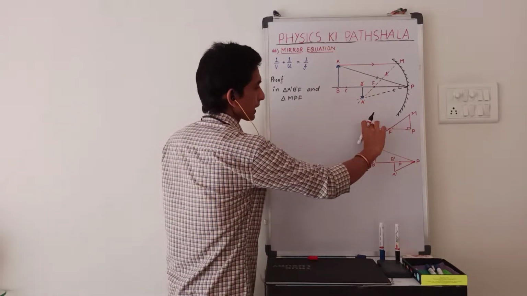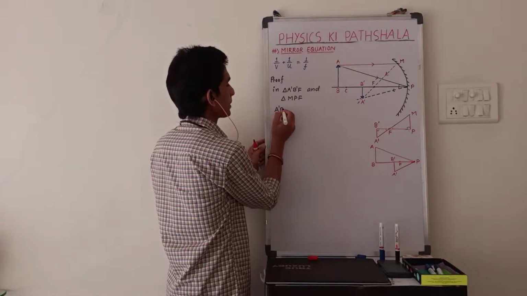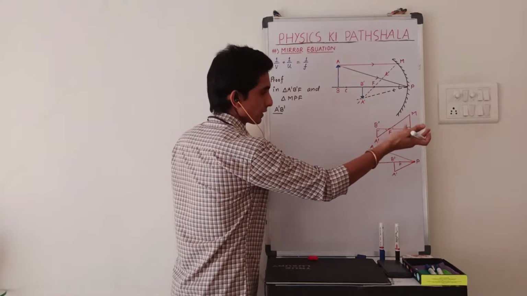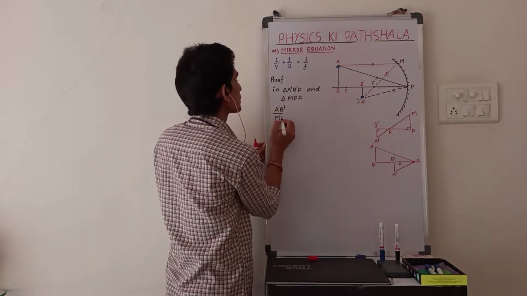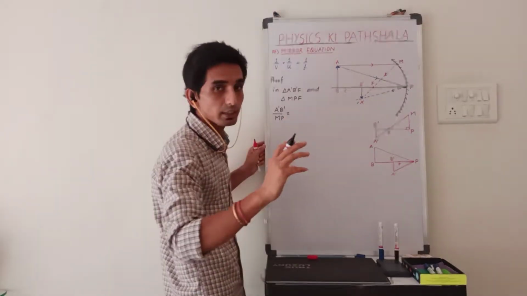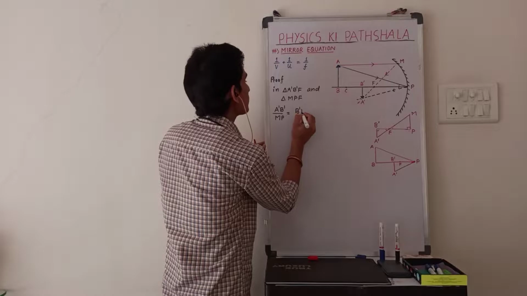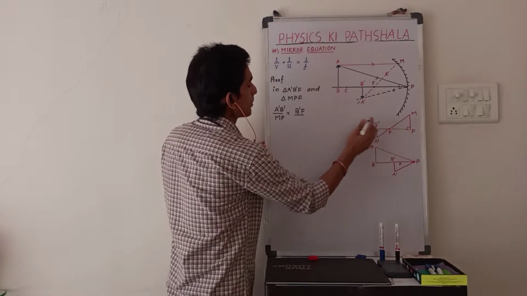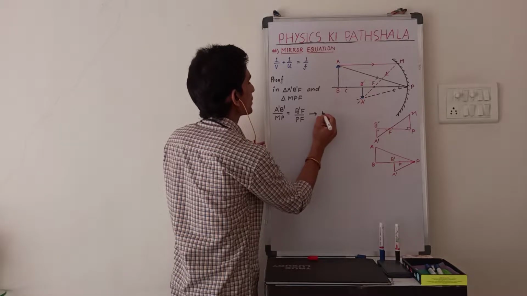So one ratio I can take is the vertical sides, that is A prime B prime upon the similar side of the other triangle, that is MP, should be equal to, maybe we can take the bases. So the base of the first triangle will be B prime F and the base of the second triangle will be PF. I call this equation 1.